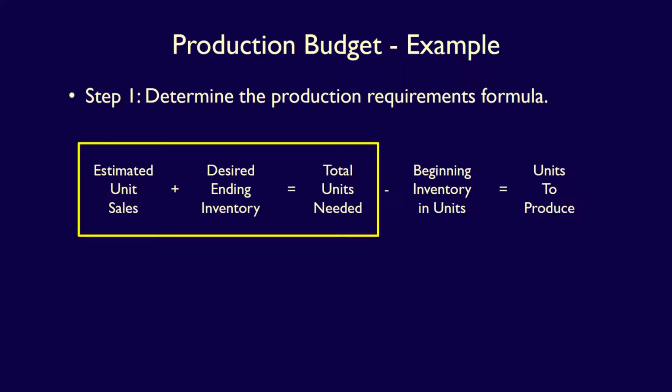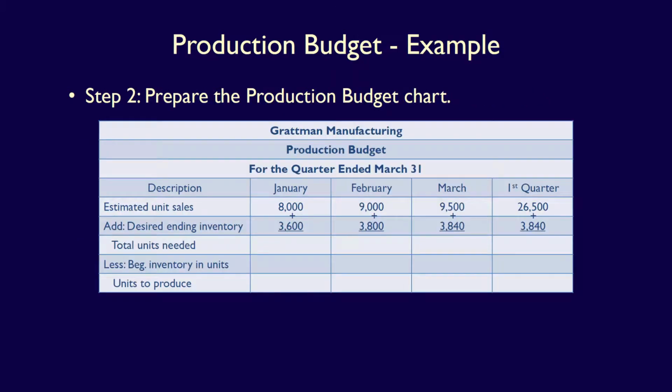We can now continue with our formula by adding the estimated unit sales and the desired ending inventory to obtain the total units needed. We can imagine the formula on the chart also, adding the estimated unit sales and the desired ending inventory for each month and the first quarter. For January, 8,000 units plus 3,600 units is equal to 11,600 units needed.